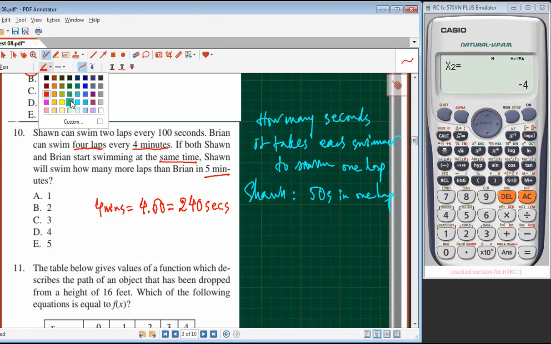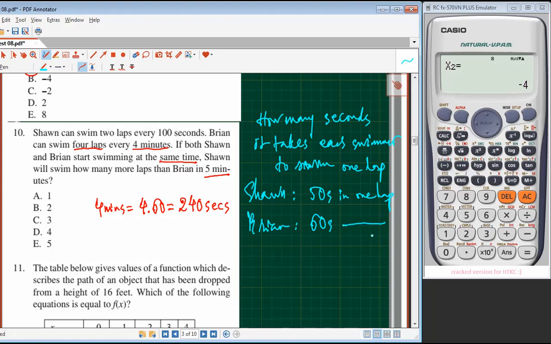Hence, Brian, he can swim. We will take 240 divided by 4. We get 60. Therefore, Brian can swim 60 seconds in 1 lap.